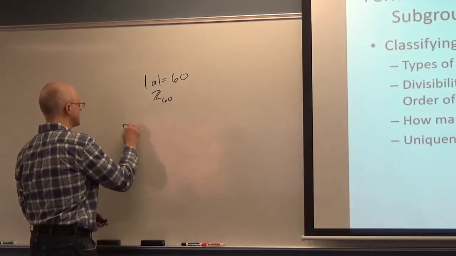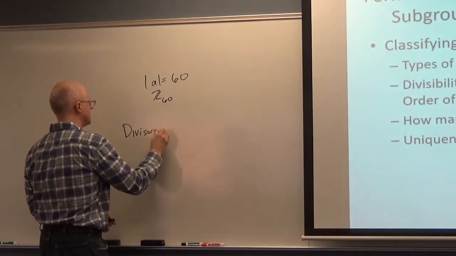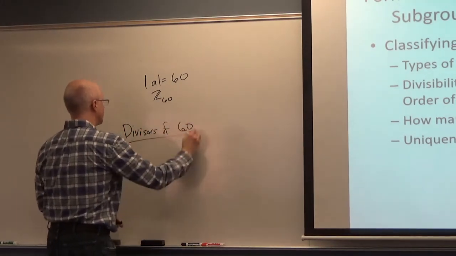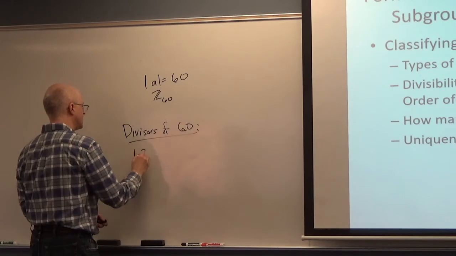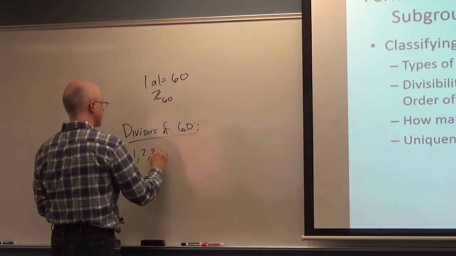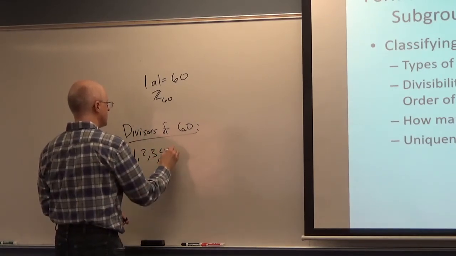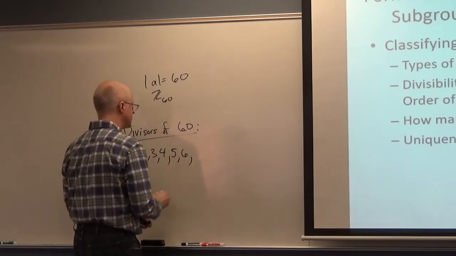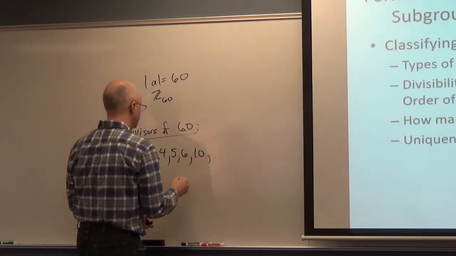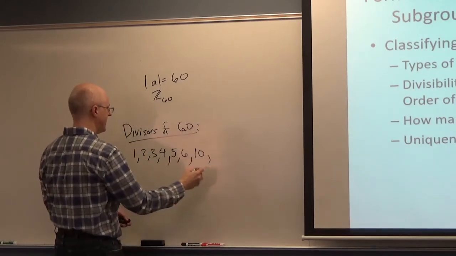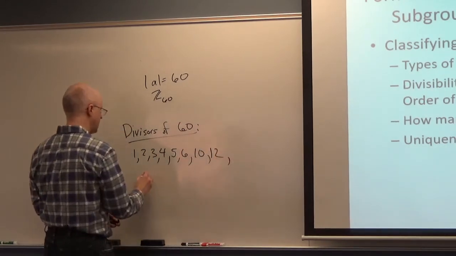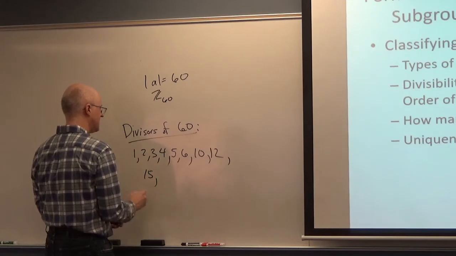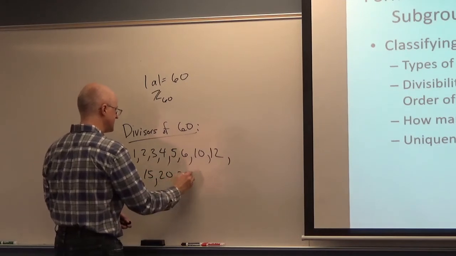The divisors of 60 would be 1, 2, 3, 4, 5, 6. Hopefully I don't miss any. 10. Now I can just go 6 times 10 is 60, 5 times 12 is 60, 4 times 15, 20, and 30, and 60.